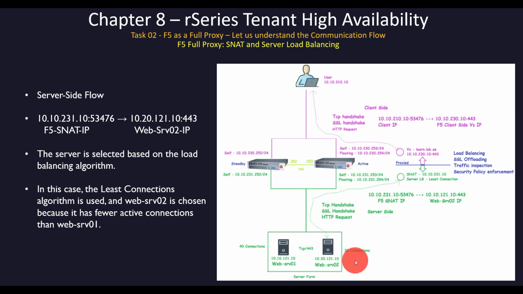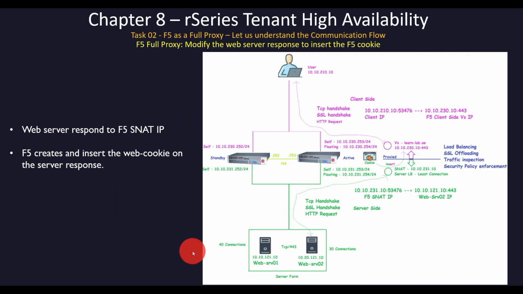FI picks this server based on the load balancing decision because this server handles fewer active connections. The server sends the response back to the FI because of the SNAT. And the server connection ends here, meaning the backend server never communicates directly with the client.